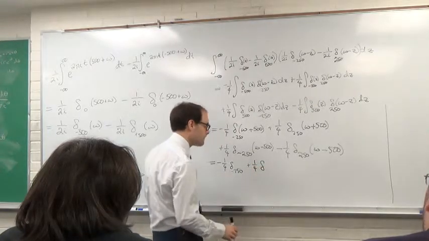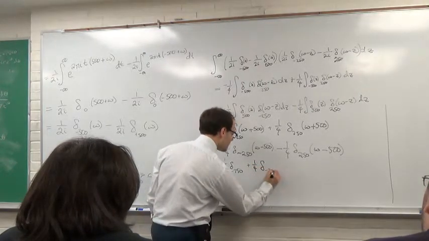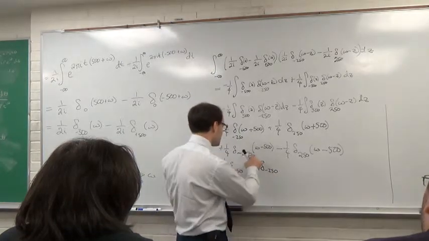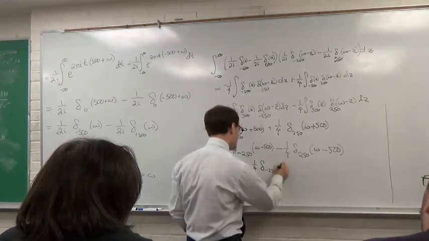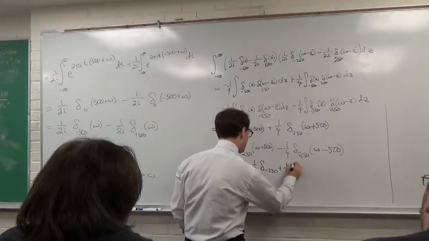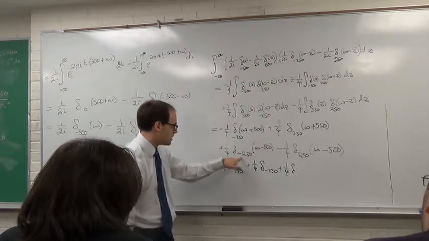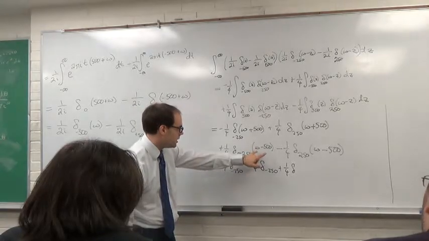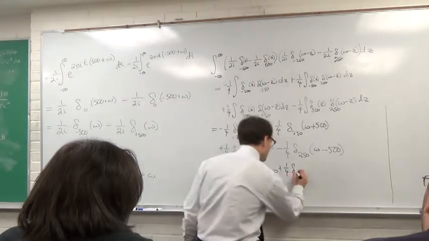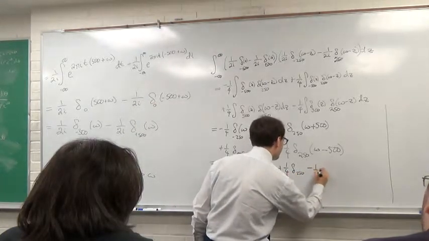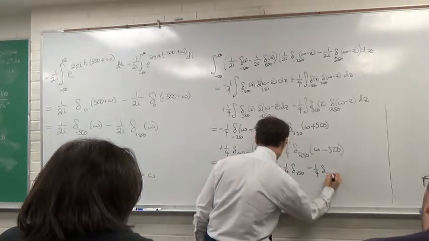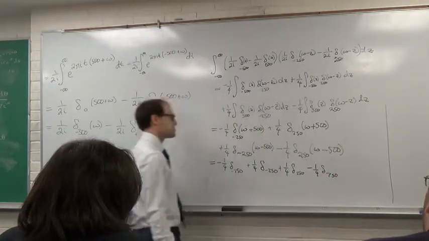Where is its support? Negative 250. And over here, plus 1/4. Where's this one's got its support? It's 250. And this one here, by process of elimination, is going to be plus 750.